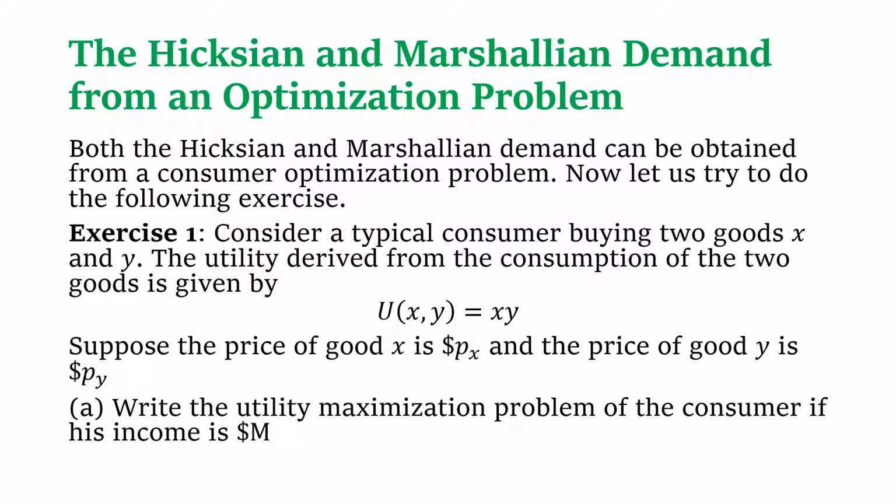So now, let's try to obtain the Hicksian demand function, the optimal value from the expenditure minimization problem. What I'm going to do here is give you a simple example, and then I will walk you through the problem to see how we obtain the Hicksian demand function.